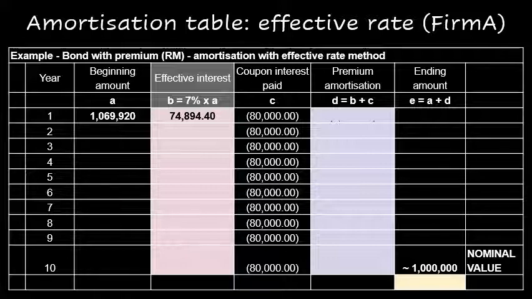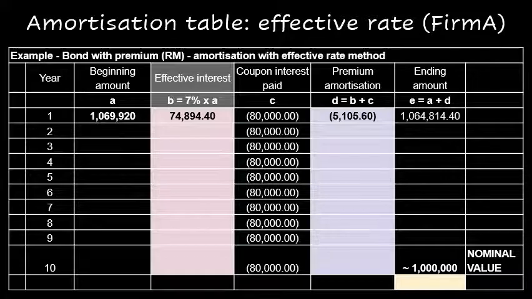Deducting this amount from the coupon paid, we will have a balance of 5,105 ringgit and 60 cents, which will be the amortization amount for the premium. And that gives us an ending balance of 1,064,814 ringgit 40 cents. This ending balance will be the beginning balance for period 2, or year 2 in this case.